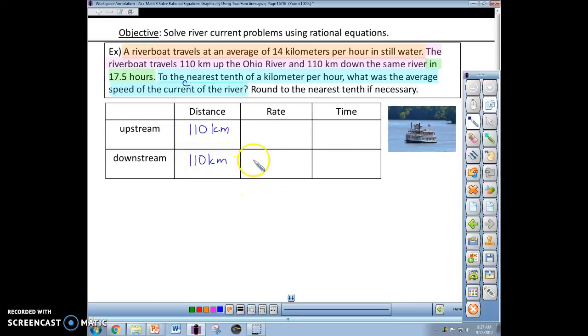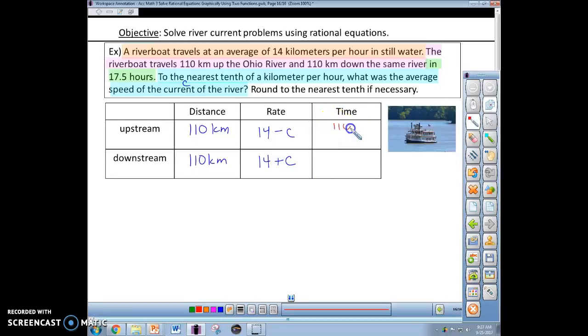And so here, the rate upstream, where the water slows down the object, would be that 14 kilometers per hour minus the river's current of C. And downstream, where the water speeds up the object a little bit, would be 14 plus C. And then again, time is distance divided by rate.